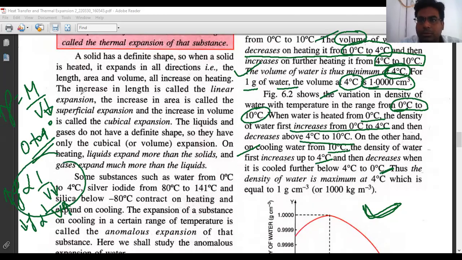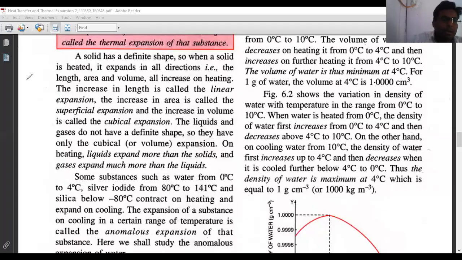As we know, density is equal to mass upon volume. So when we keep the mass constant, density will be inversely proportional to volume. When we decrease the volume, density will increase because they are inversely proportional. So for 0 to 4 degrees Celsius, volume is decreasing, so density will increase.